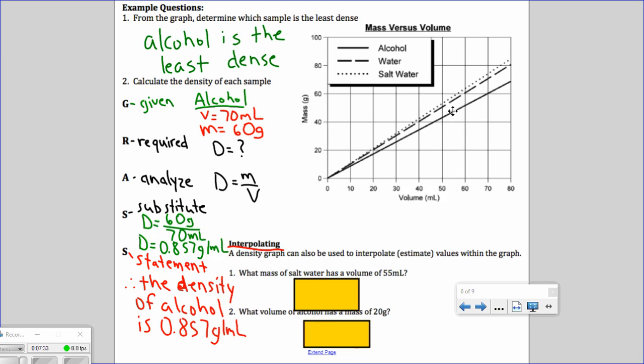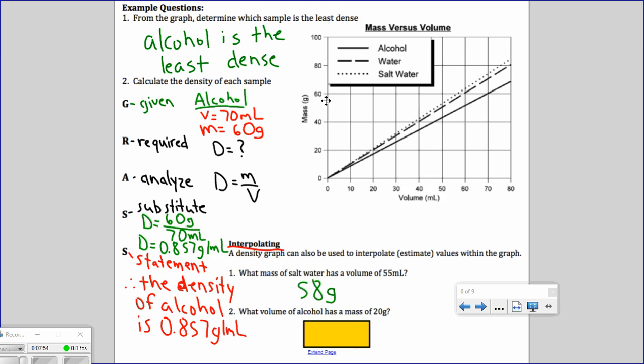We can trace a line straight up to where it intersects the line for salt water, draw a line over to our y-axis, and then estimate what that mass would be. In this case, we could say that the mass is about 58 grams.